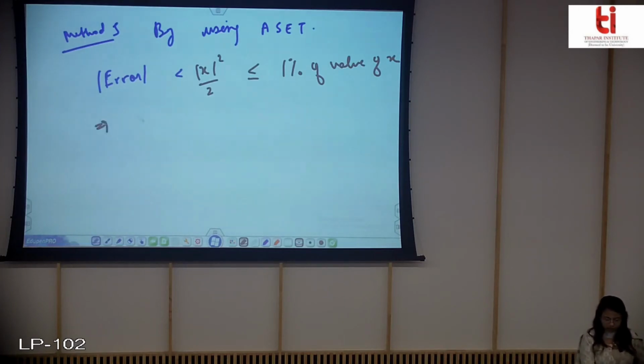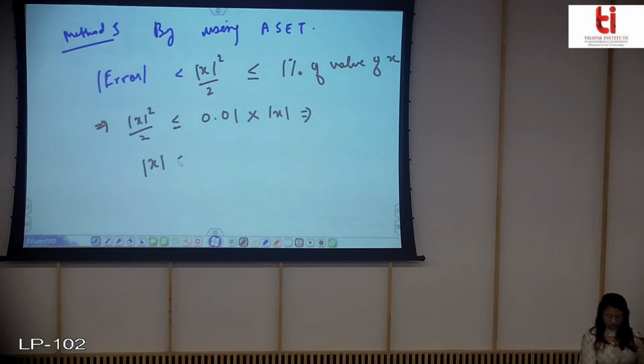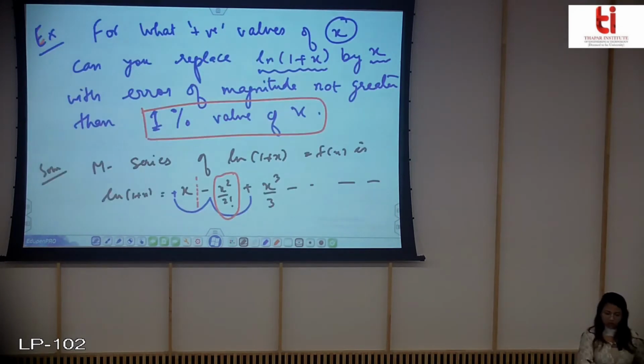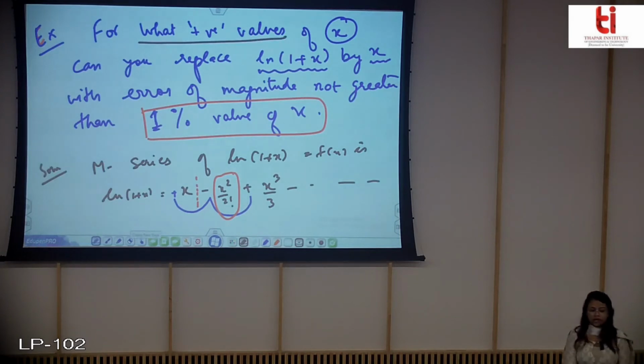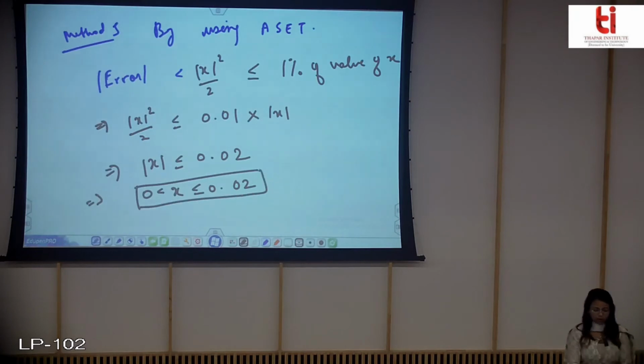So this implies 0.01 times mod of x. This implies that mod of x is less than 0.02, and for what positive values, it is clearly written, so we will just consider the positive values of x, we will not take the negative ones.